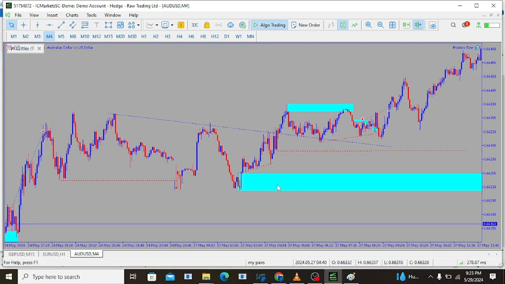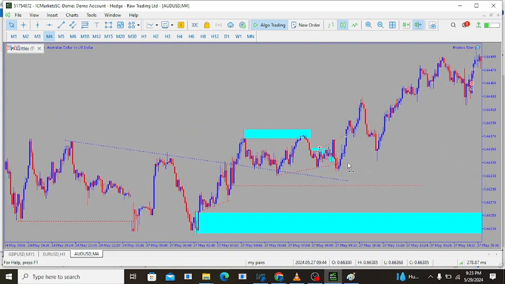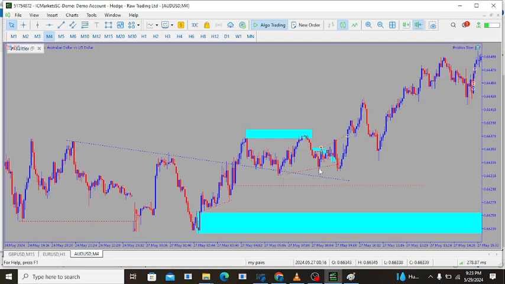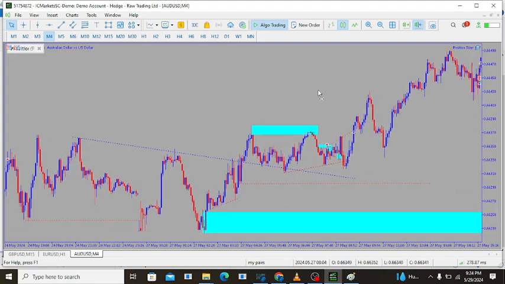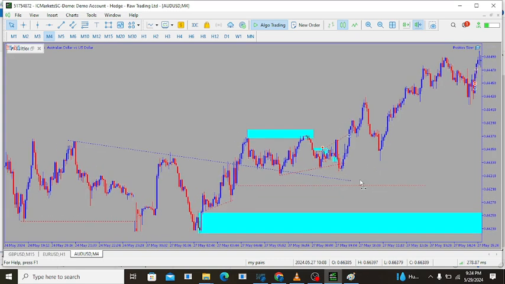Because you see, we had this liquidity. Also, I had this trend line liquidity. You see, when I say if you're trading with context, breakout traders, they won here, because everything is in line.